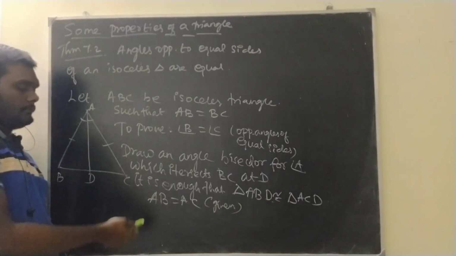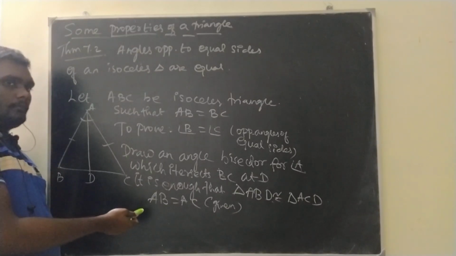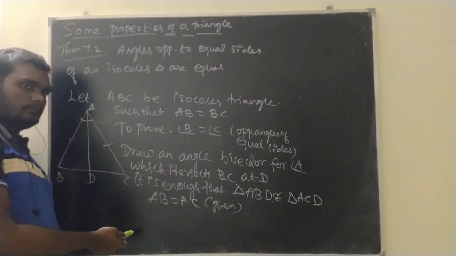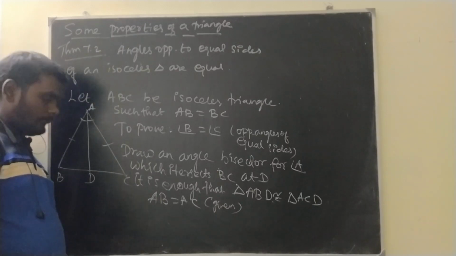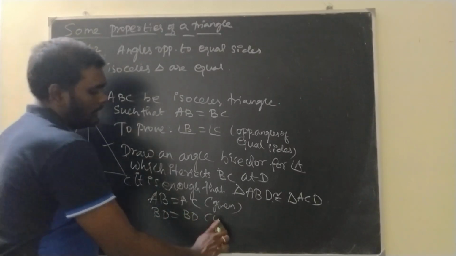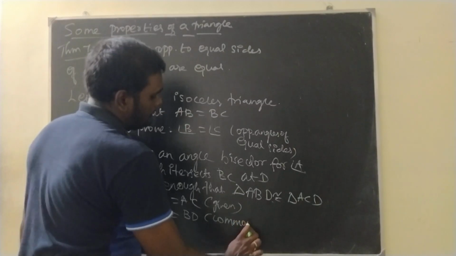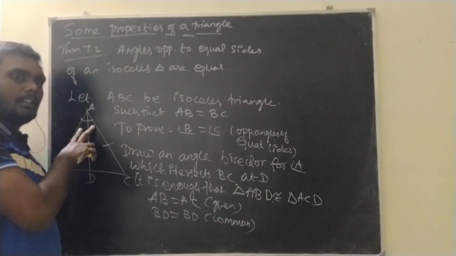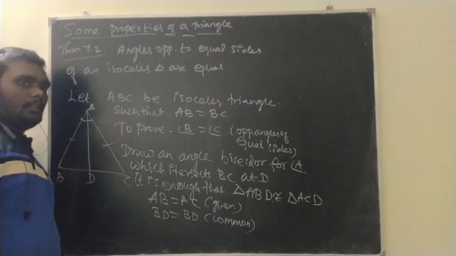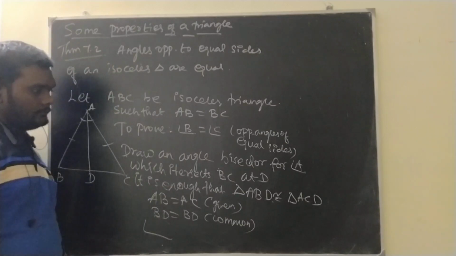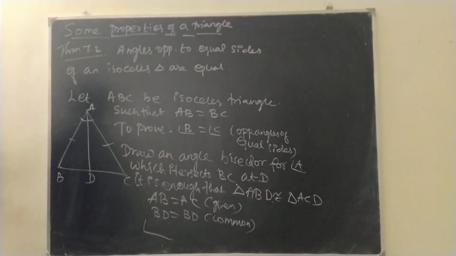And any other things common for this? Yes, BD is equal to BD. That is a common part. Also, we have the 2 pieces of A, but those are equal because we have drawn the angle bisector. Oh, sorry, my bad.